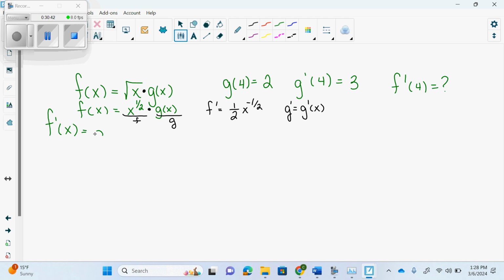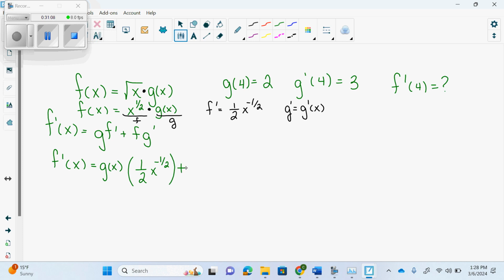So my formula is G F prime plus F G prime. So let's fill in what I know. F prime of x. What is G? G is just G of x. Nothing crazy. Yes? And what is F prime the same as? 1/2 x to the negative 1/2.